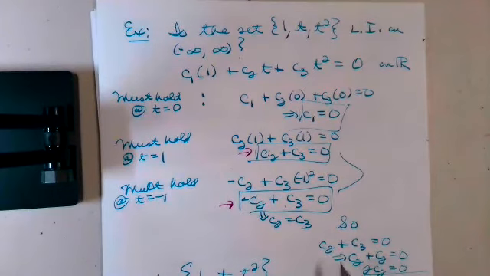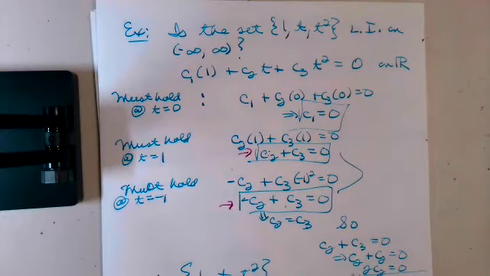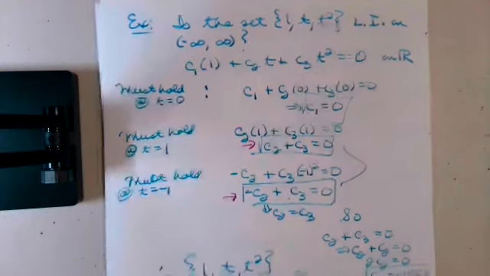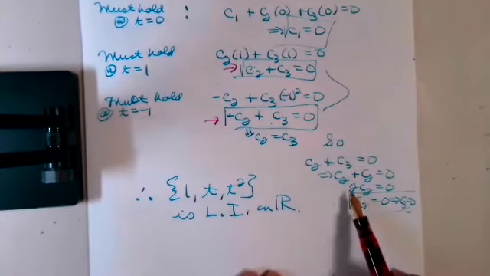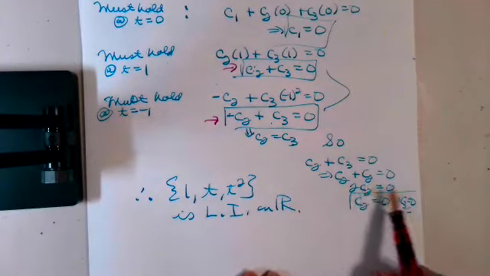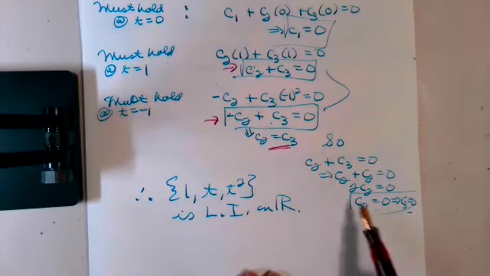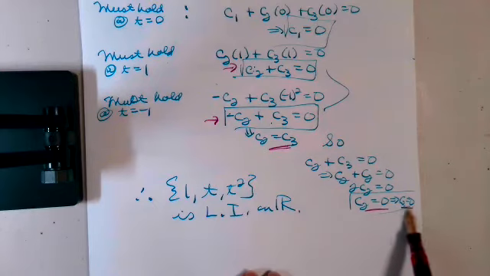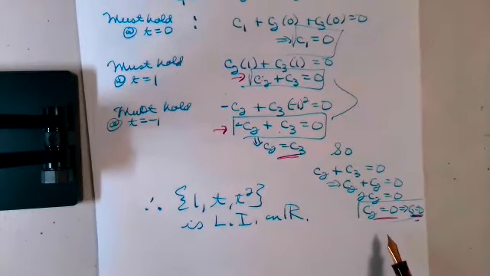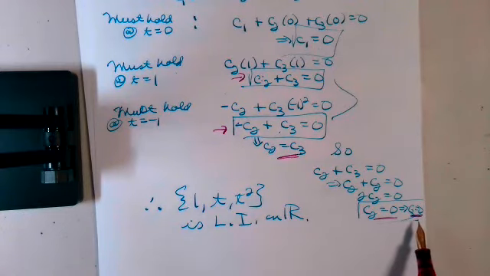The first one says C2 plus C3 equals 0, and since C2 equals C3, that says C2 plus C2 equals 0. So 2C2 is 0, so C2 is 0, but C2 equals C3, so C3 is 0. Therefore, the only solution is C1 equals C2 equals C3 equals 0.